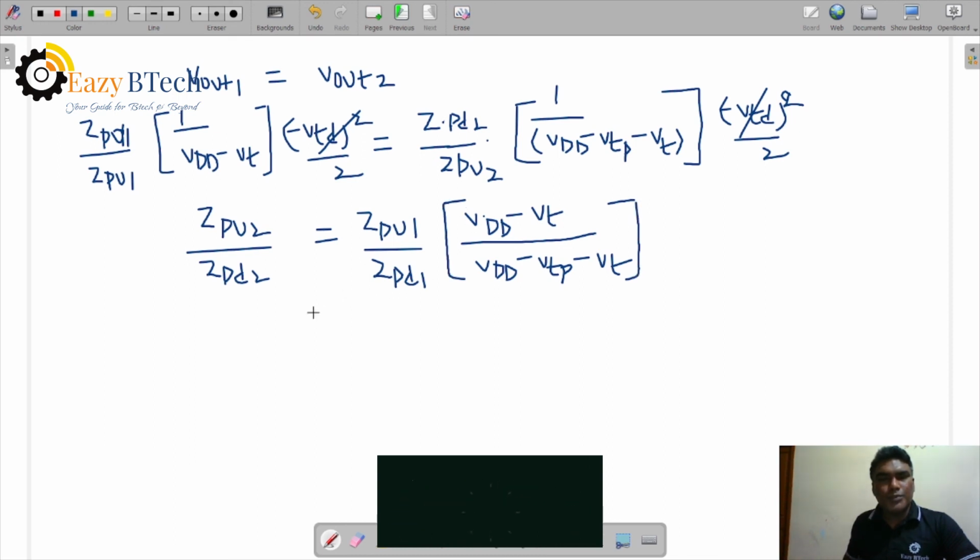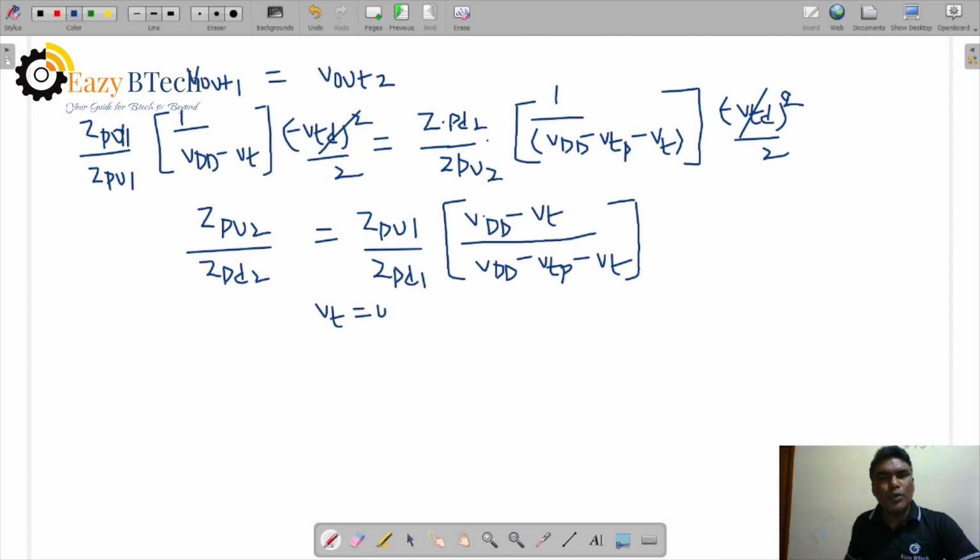Okay, so let us substitute VT equal to 0.2 VDD and VTP equal to 0.3 VDD. For equal margins, we are finalizing this and substituting it.